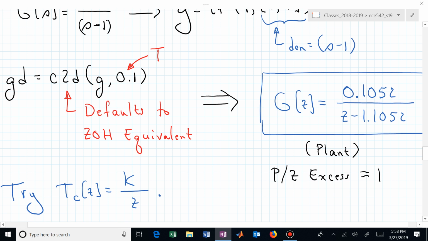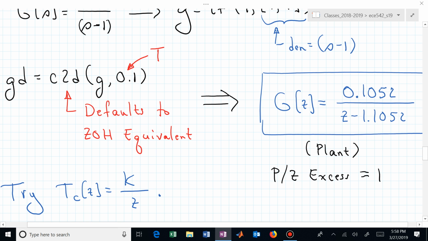That maybe wasn't asked for, but let's say that you try this T sub C of Z in a real scenario, and now you start simulating the results after designing your controller, and you go, you know what, I'm not real happy with this controller. Maybe I need to make T sub C of Z have a little bit more flexibility. And now you might want to put a couple of poles. If they're both at the origin, then you just would have a Z squared in the denominator if you still wanted to maintain deadbeat response.